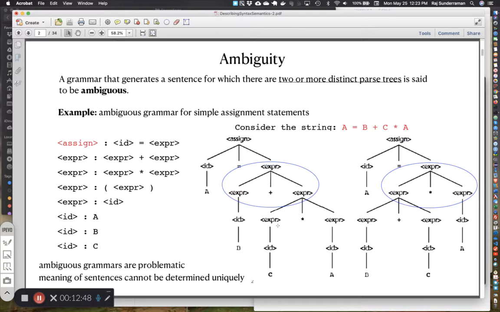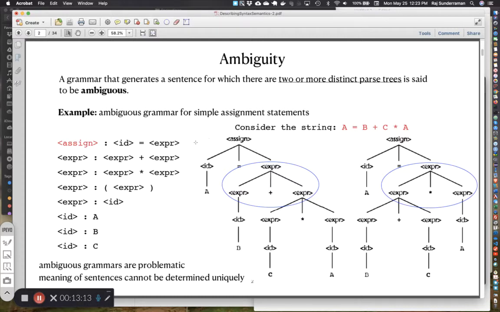So anyway, if you go further, this expression on the first tree expands to id, and then that expands to b. And then this expression will have to expand to expression times expression. Why? Because there's still a times there, c times a, right? And then this expression here expands to id and then to c, and the last expression here expands to id and then a.